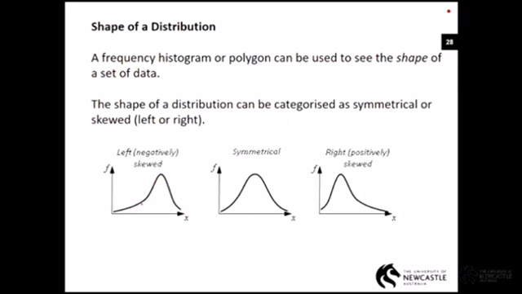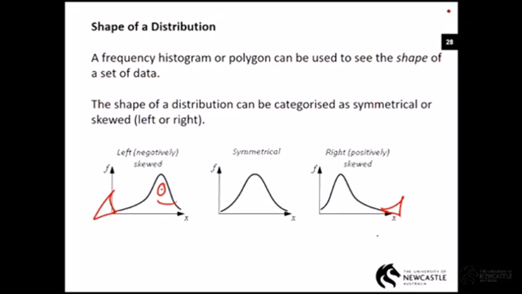But it's the tail that caused it to be skewed. The tail is what we're discussing, and we call it left skewed or negatively skewed because that's where the tail is. The tail of the data is on the left here, and on the right here.